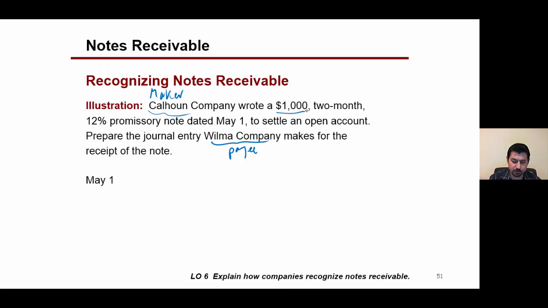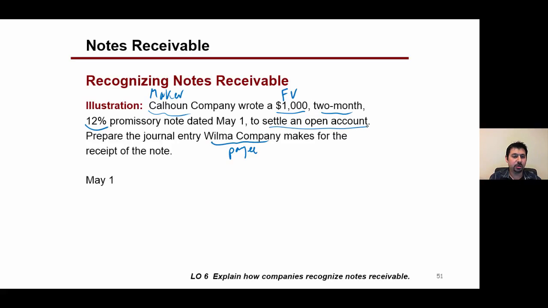It is 1,000, this is the face value, 2 months, 12%. Again, whenever you are given an interest rate, this is always an annual interest rate. And this is to settle an open account.